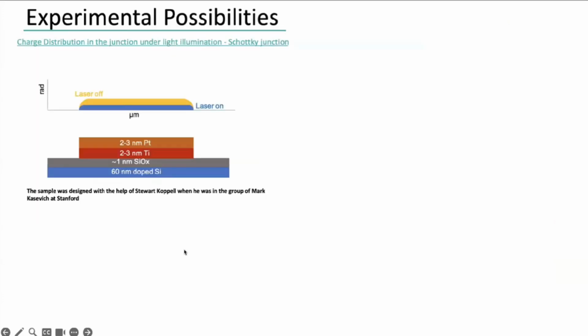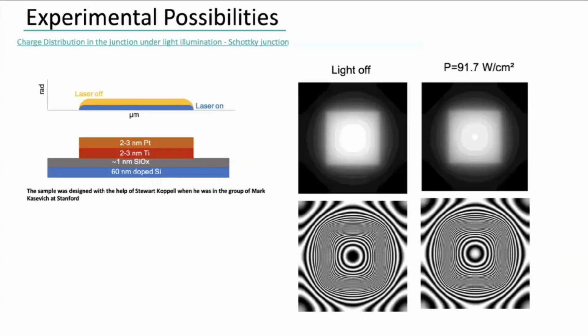Eventually, I would like to show you one more example about the junction potential. This is a Schottky potential device based on silicon oxide, with some metallic layer on top. And then we studied the potential junction during light on and off. So here is light off and here is light on.